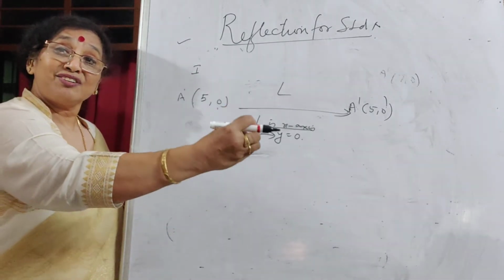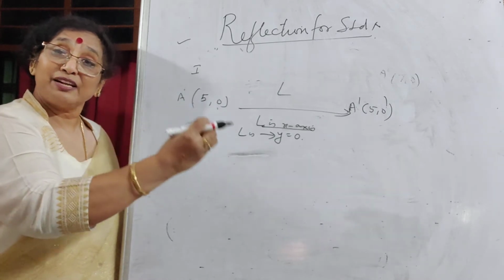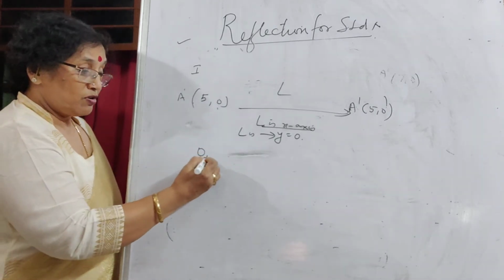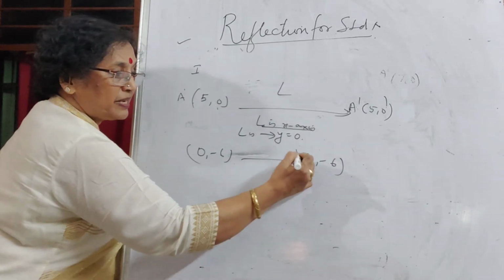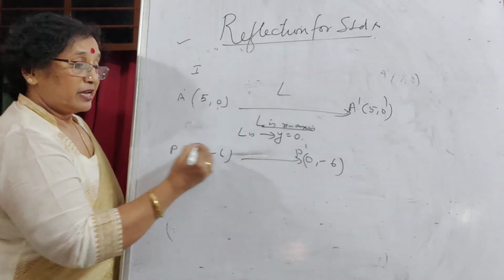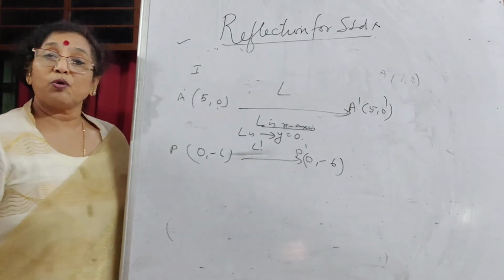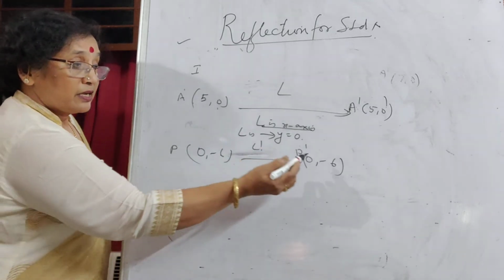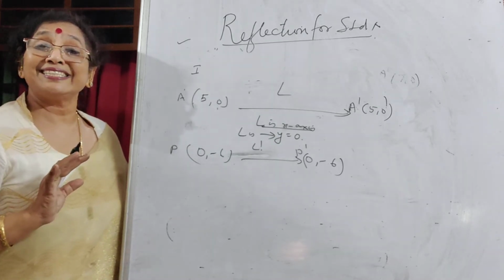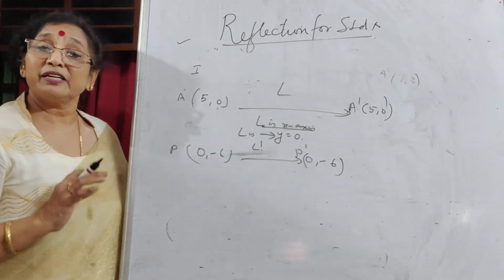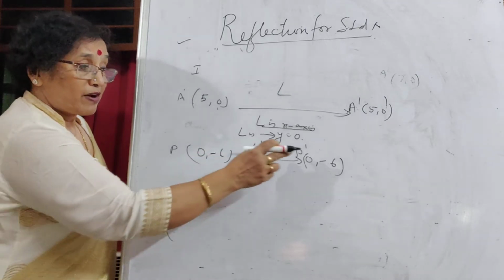So minus 6 is not changing and 0 you cannot write with a negative sign. So 0, minus 6 remains as 0, minus 6. This is P dash. This is P in a line L dash. So what is L dash? X is changing. So Y is not changing in sign and 0 cannot be written as negative.